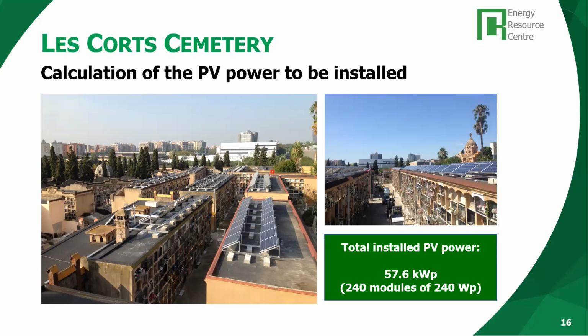Here, where Paul has the mouse, in front, these modules are at 10 degrees for the reason of the visual impact that I told you before. And all the others are at 30 degrees inclination. That is the optimum for our latitude.